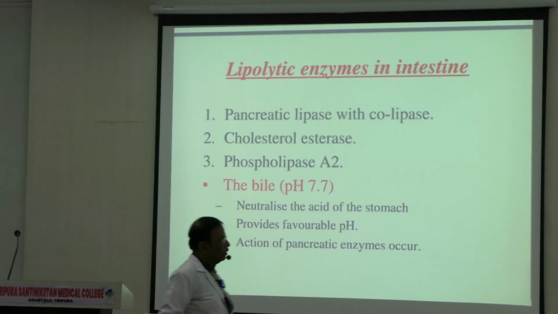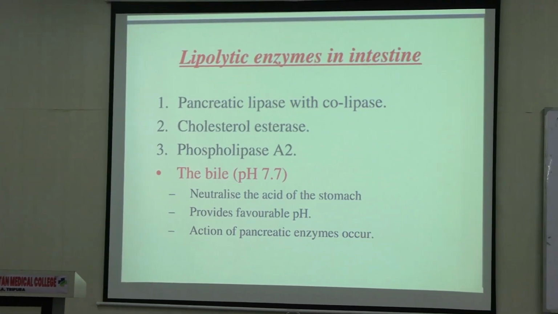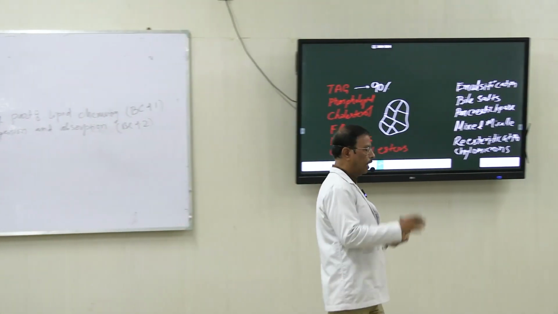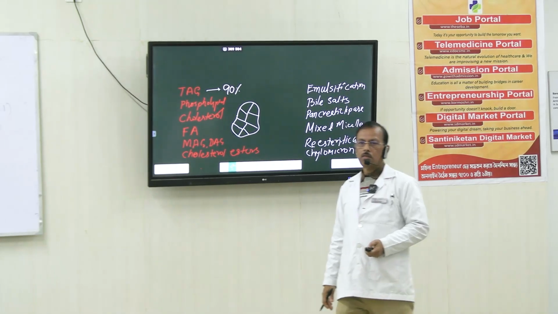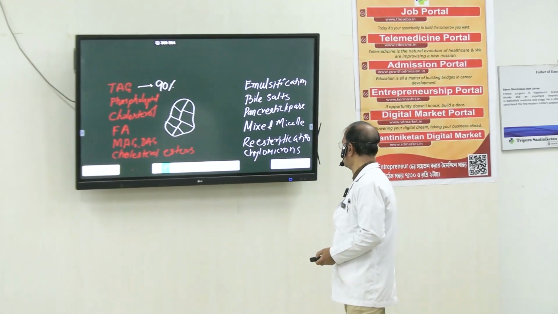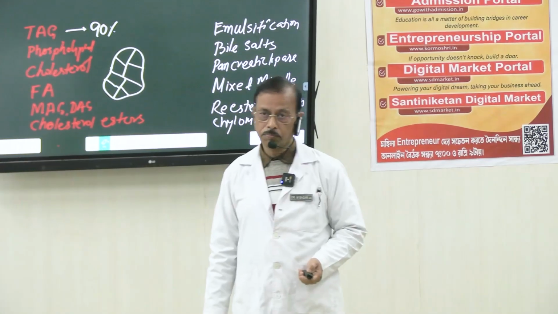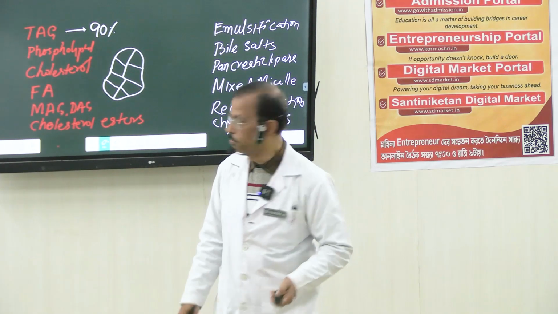Now, from the stomach, the partially digested triglyceride and other undigested lipid particles along with the other food pass to the intestine. This semi-liquid diet is called chyme.